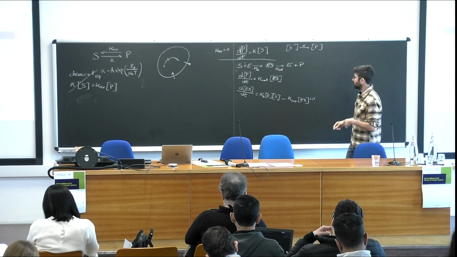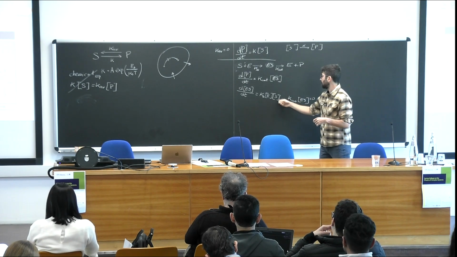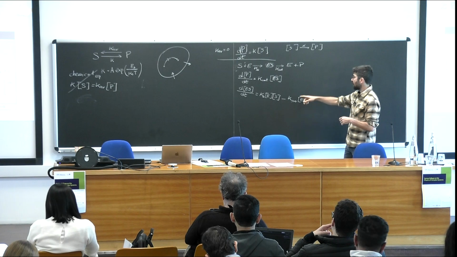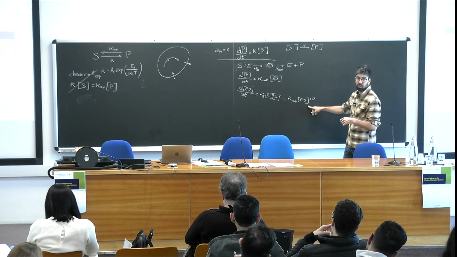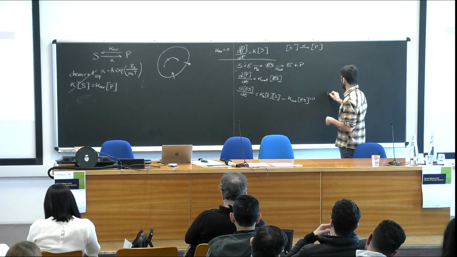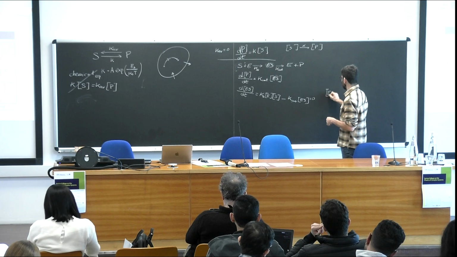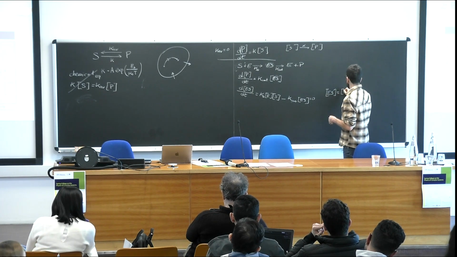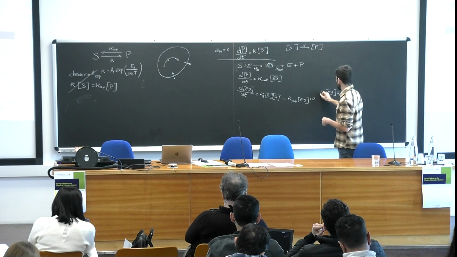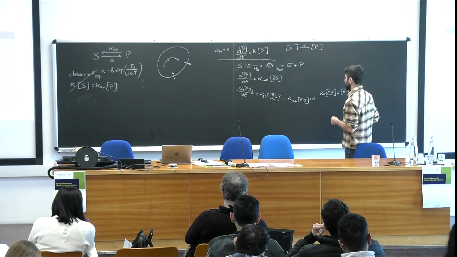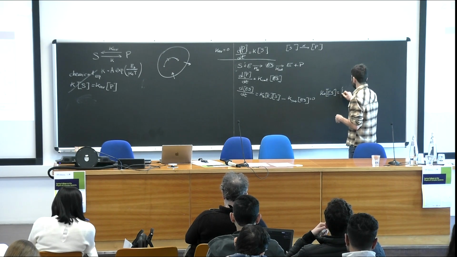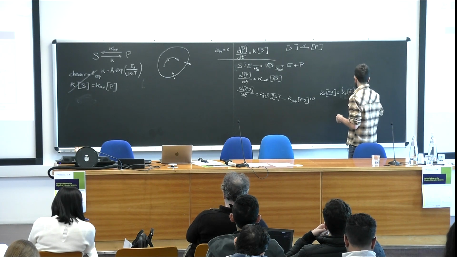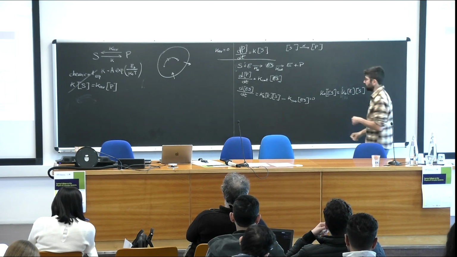Or if you want, these two rates balance. And if we set this equal to 0, we get that Kcat times ES is equal to Kb times E times S. Okay?